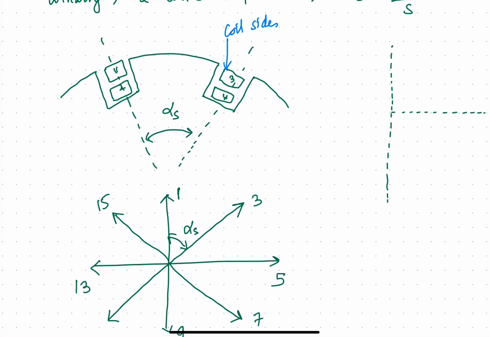This is 1. This is number 2. This is 4. This is 6.